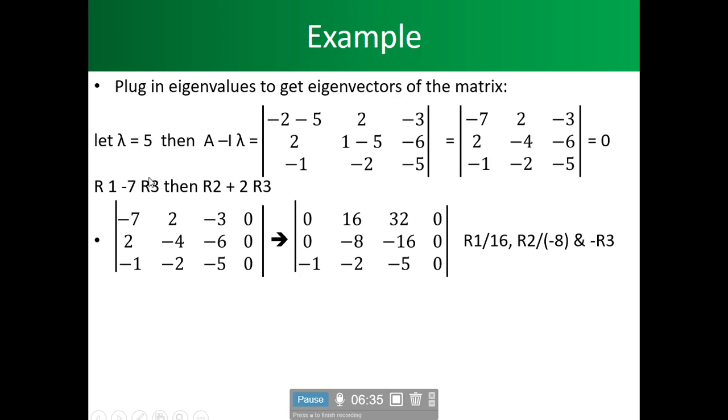We can also go through R2 plus 2 times R3. So we have our R2, which should be here. Our R2 plus our R3.